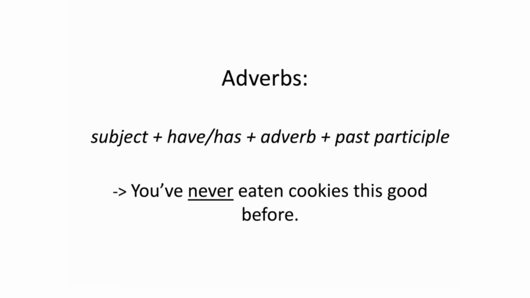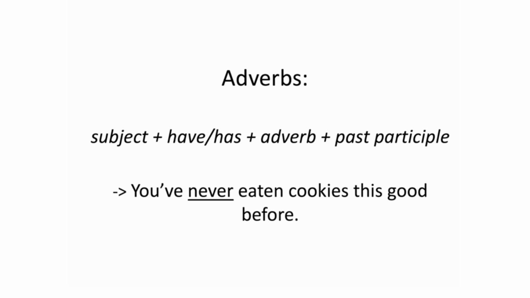Great work! All right, now let's look at using adverbs with the present perfect. There are certain adverbs that are commonly used with this tense. We generally place the adverb between the auxiliary verb and the past participle, or at the end of the sentence or question.